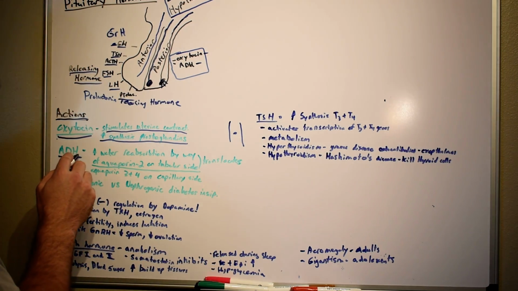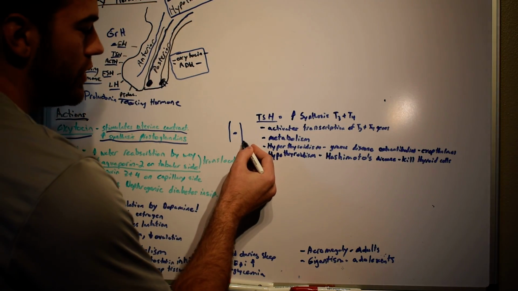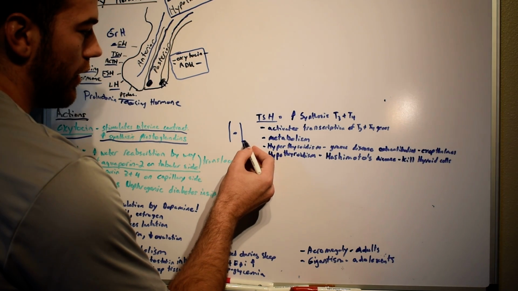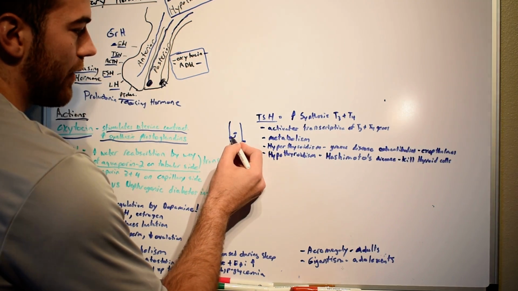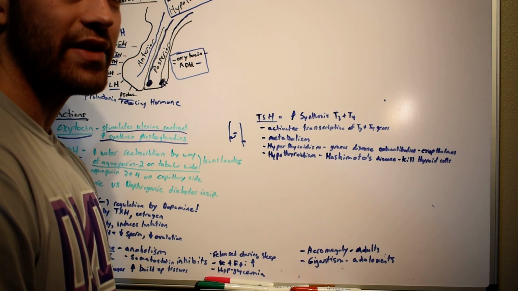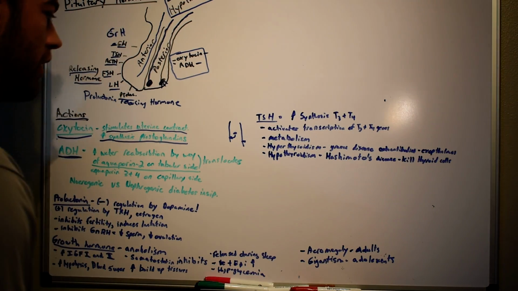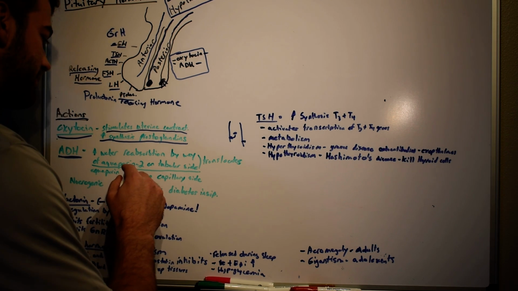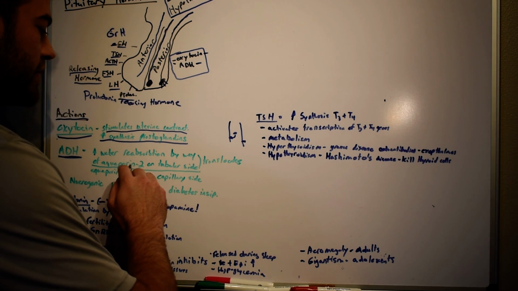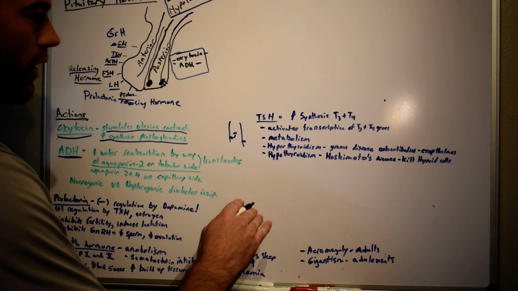And when ADH is bound to a receptor on our cell, it's going to induce the translocation of that to the tubular lumen side of our collecting duct, excuse me. So that's the way that works.